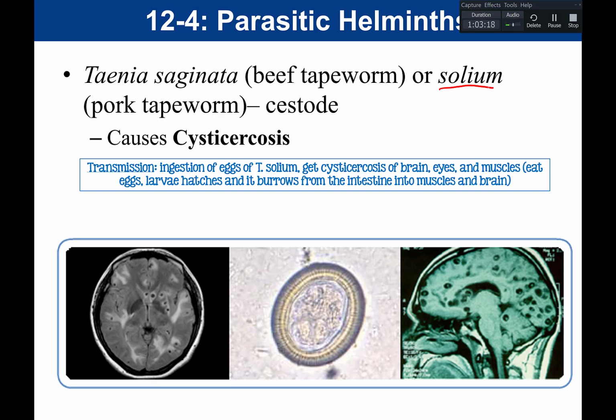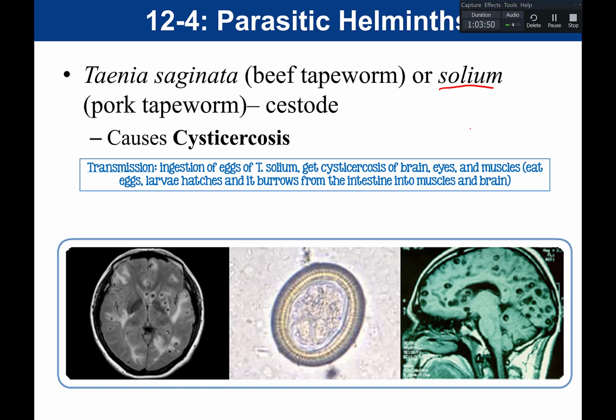And so for Taenia solium, if you happen to ingest the eggs of Taenia solium, you get cysticercosis. And this affects the brain, the eyes, and the muscle. Normally when you eat the larval stage in the meat of the animal, you're ingesting the larval stage, which goes to the next stage of the life cycle, which is the adult.